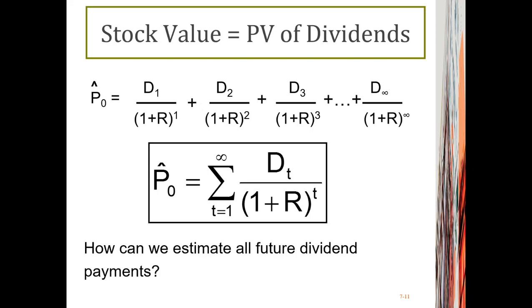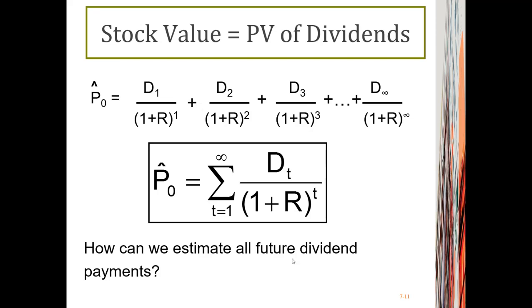And here you see D1, D2, D3 all the way to Dn. And here we discount those dividends accordingly based on the discount rate. And essentially, the estimated stock price at 0 equals the sum of the present values of all future dividends that the investor will receive in the future.